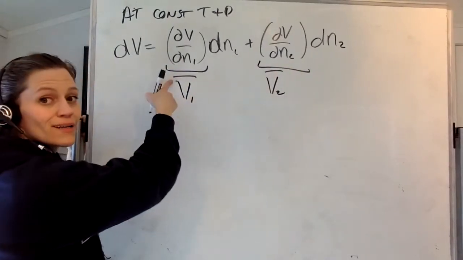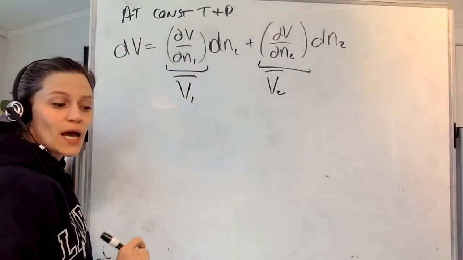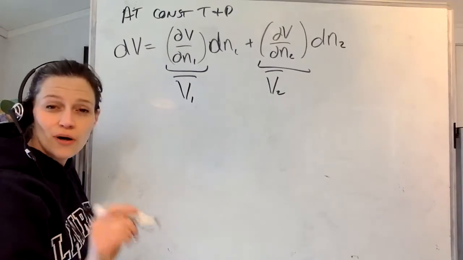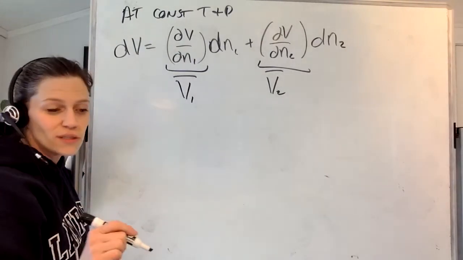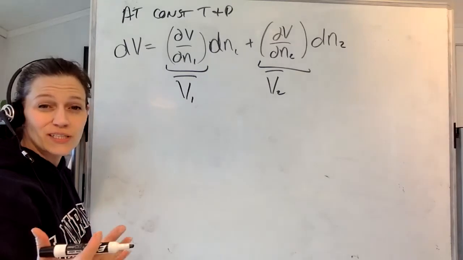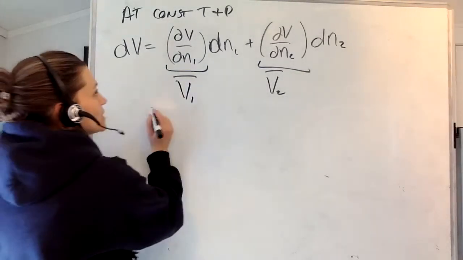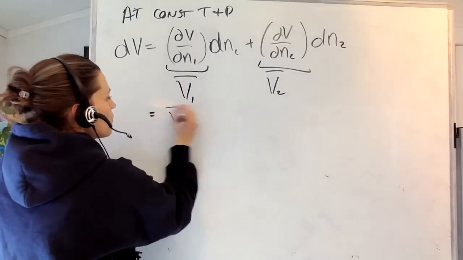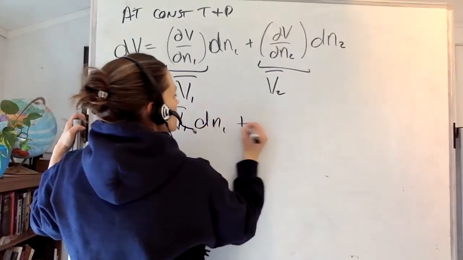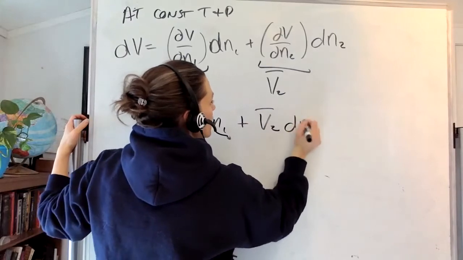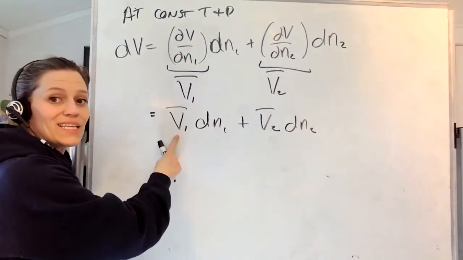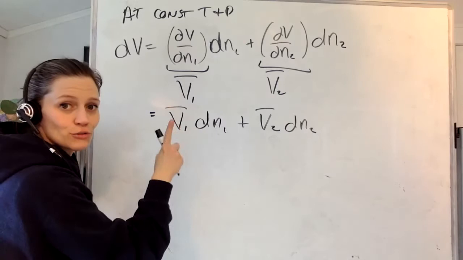The bar indicates that it's a partial molar volume. Atkins encourages that you use the bar. Sometimes you just use V1. The bar is nice because it says, hey, this is a partial molar quantity. So this then becomes V1 bar dN1 plus V2 bar dN2. Don't think that's a volume. That's a partial molar volume.